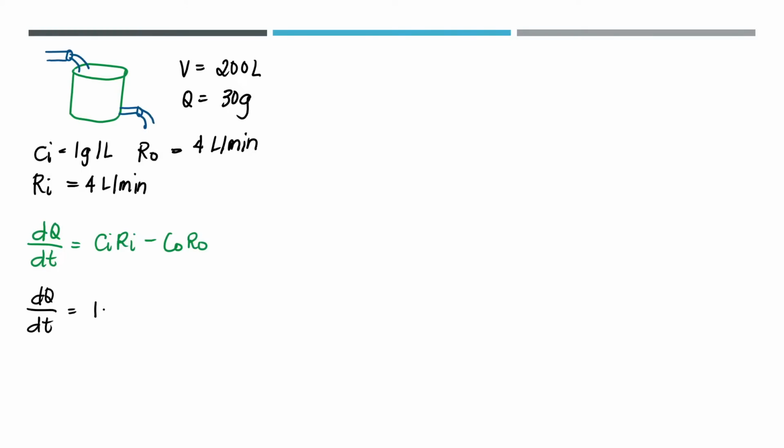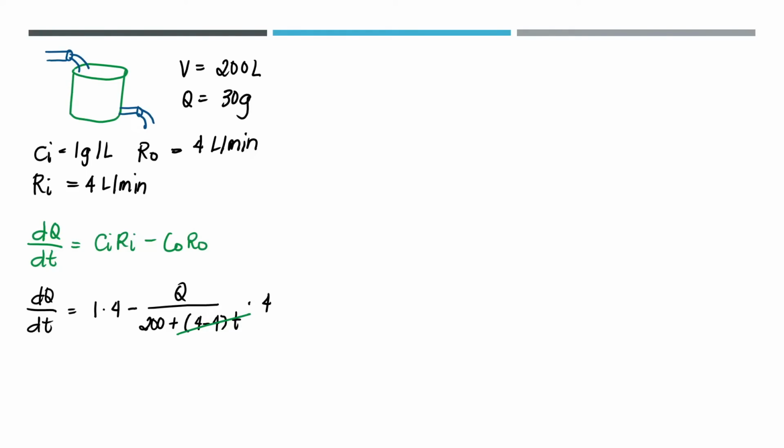So 1 times 4, that is our RI, minus Q over, what is the value of V again? That is V initial, which is 200, plus the rate in minus the rate out times t. We usually don't write the t, but since 4 minus 4 is equivalent to 0, this will just cancel out. So we have Q over 200 multiplied by 4, that is the rate out.